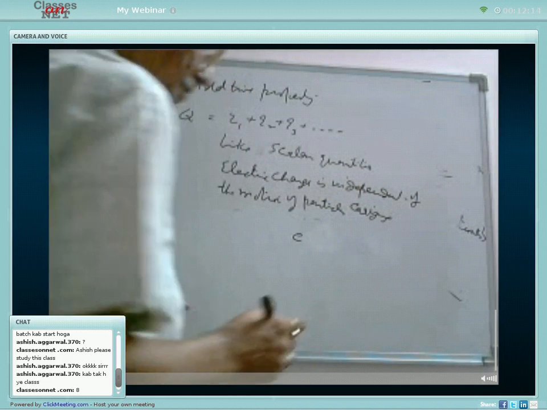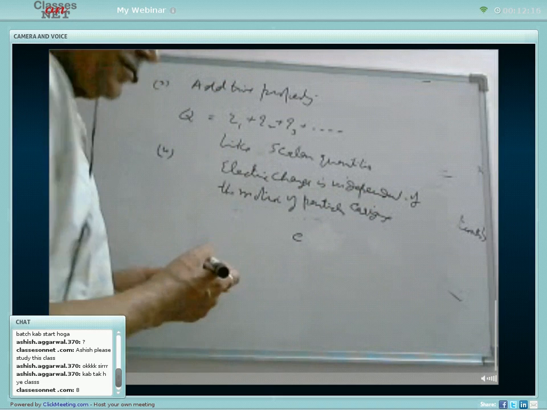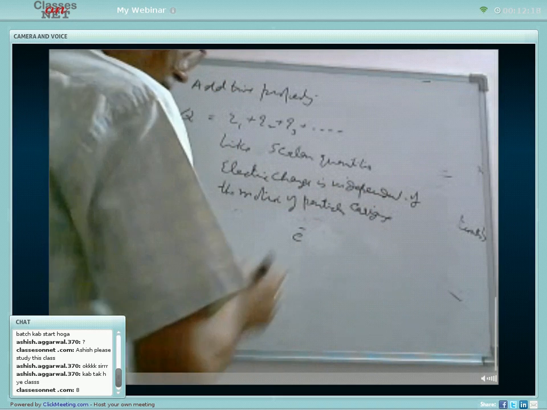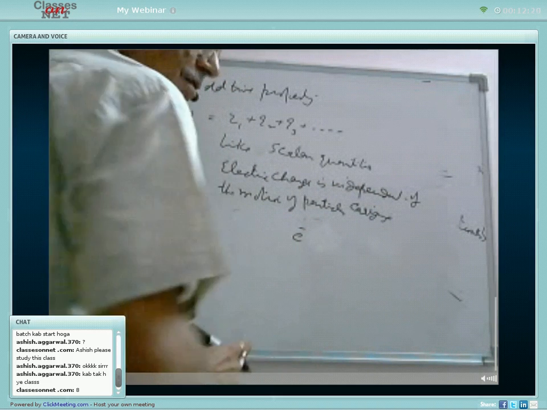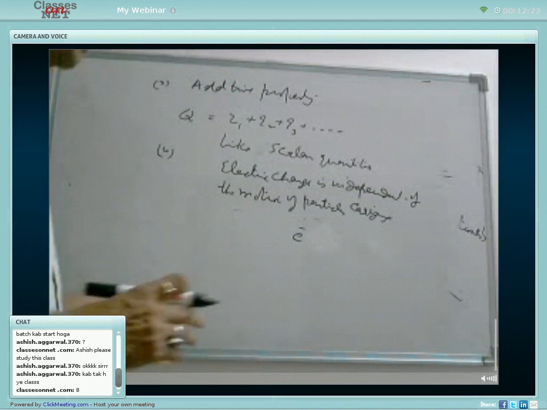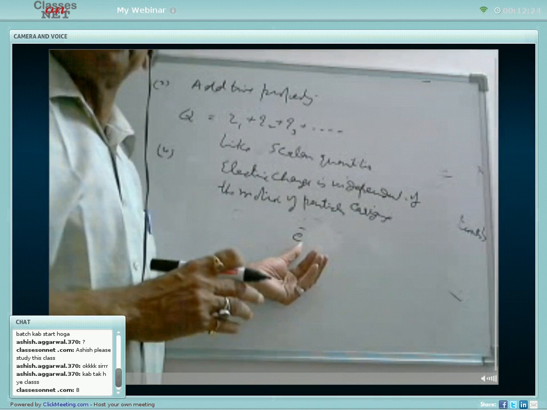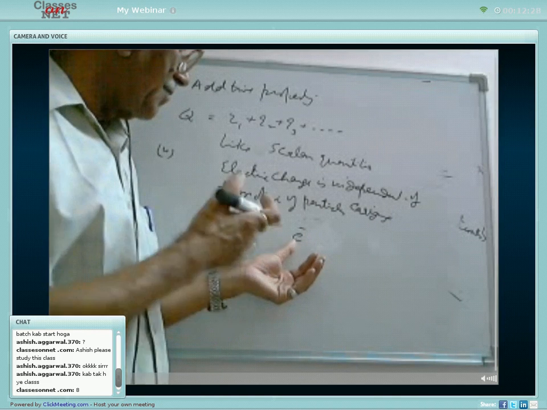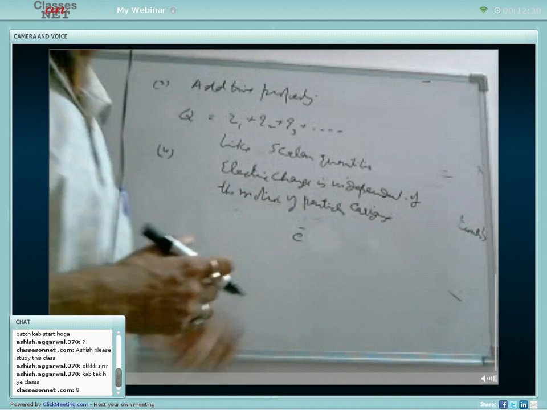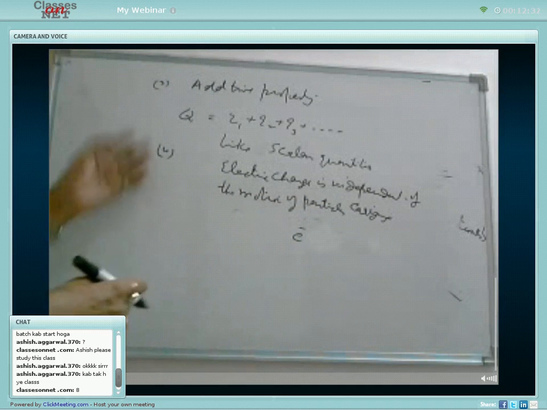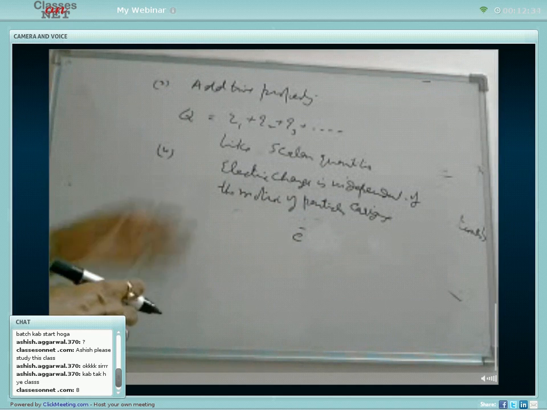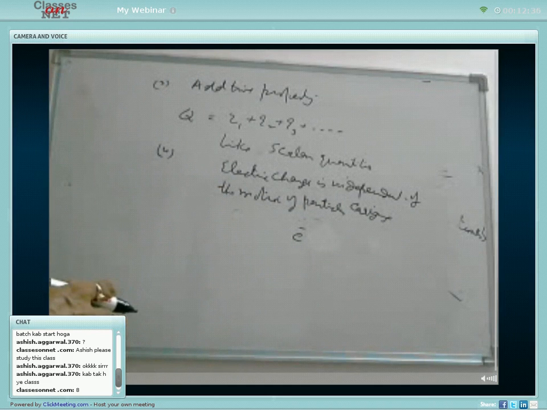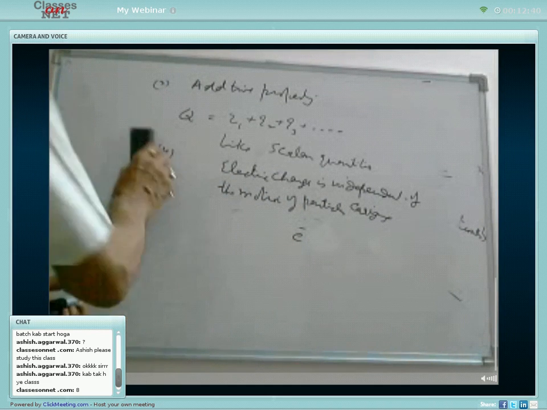For example, in the atom, electrons are moving in orbits. These electrons have fixed charge. Their quantity of charge doesn't change with motion. It remains the same. The velocity of the particle has no effect on the charge on the particle. So this is the fact that electric charge is independent of the motion of the particle carrying charge.